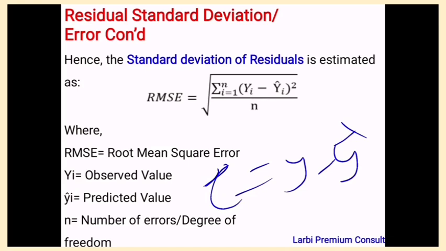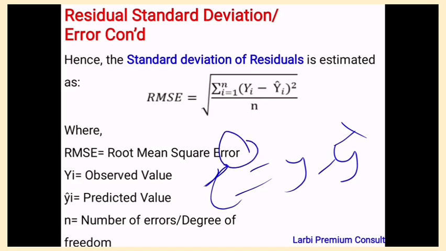Once you find that, you find the square of the error. Once you find the square of the error, you find the mean of all the values and take the square root of it.